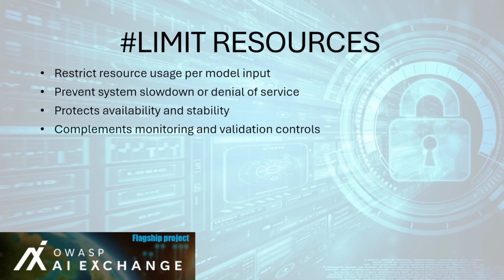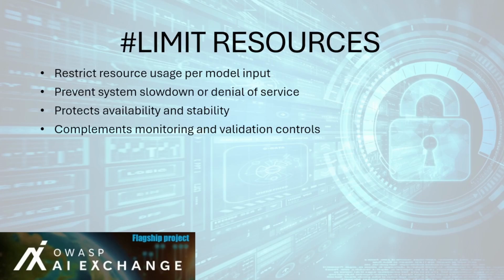Hash LIMIT RESOURCES. This control limits the computational resources a single AI request can consume, preventing one query from monopolizing system capacity. AI models can be vulnerable to overload from heavy or malicious inputs, leading to degraded performance or outages. The benefits are: it maintains service reliability, it ensures fair resource distribution, and strengthens resilience against denial of service style attacks.